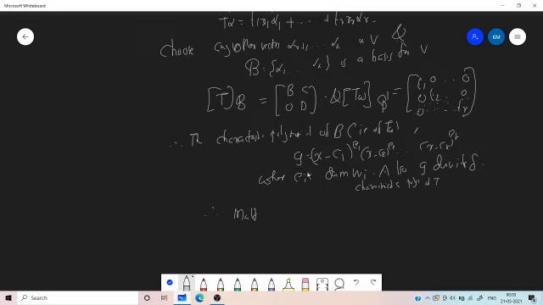Therefore, the multiplicity of ci as a root of f is at least dimension of Wi.